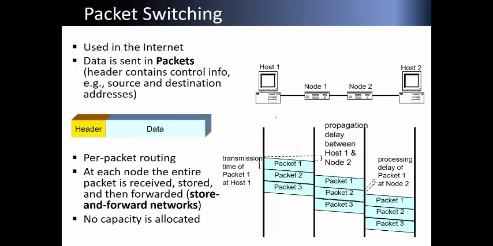So data, if you have one message, then the message can be chopped into multiple small sizes. We call that a packet. And a packet has a header and payload. Each packet has a header and payload.